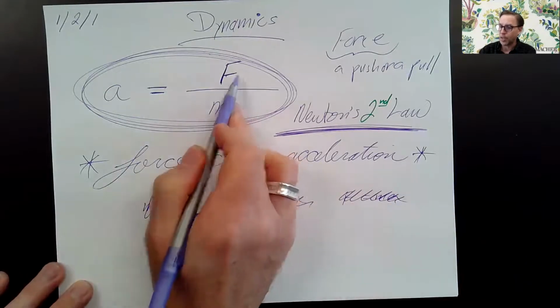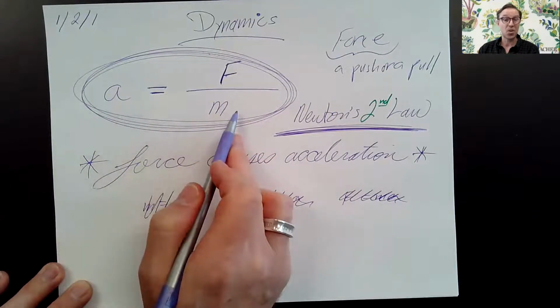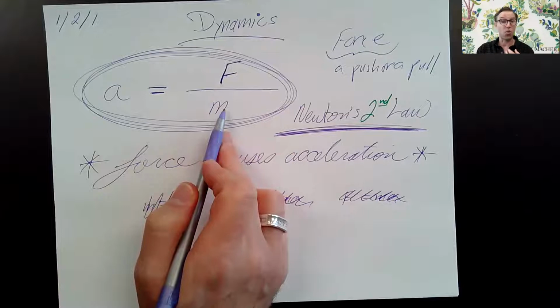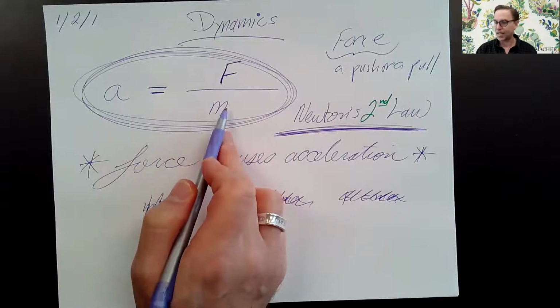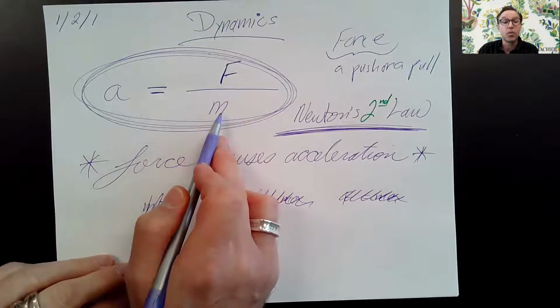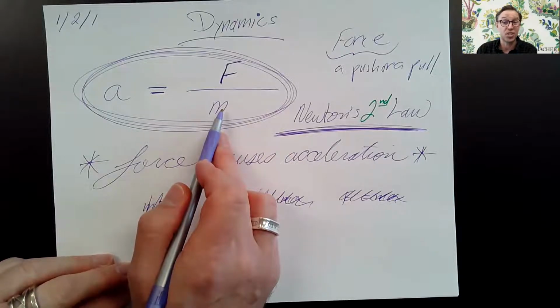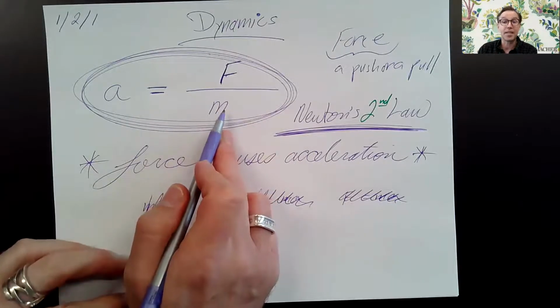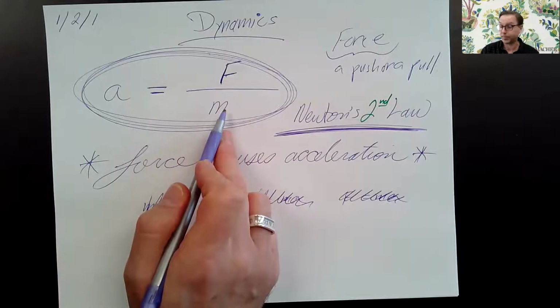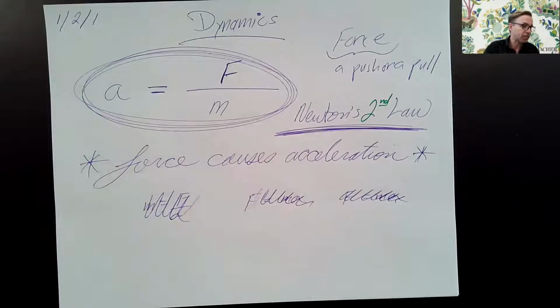I want to say that the force causes acceleration and mass works against or hinders or resists acceleration. I like the word resists because you learned probably in junior high that inertia is resistance to change, and mass is another word for inertia. All right, so there's a very, very important equation.